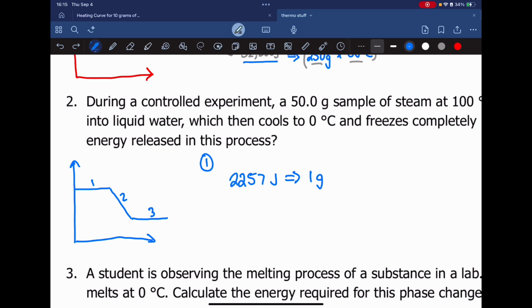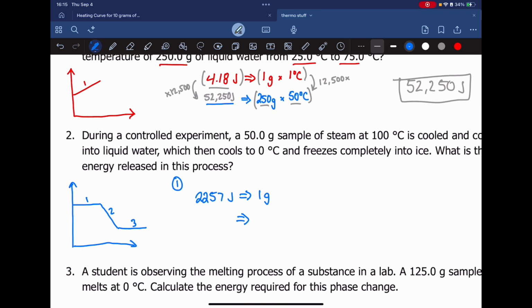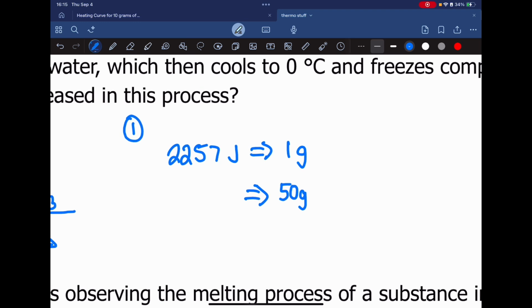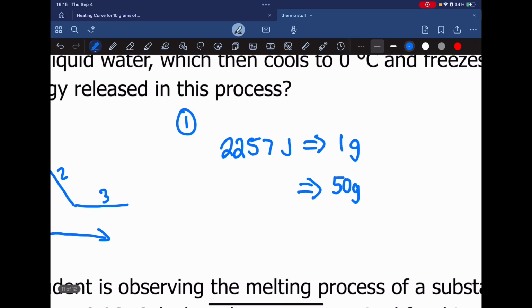2257 is for 1 gram. But of course, in my question, I don't have 1 gram of steam, but rather 50. So I can say 50 grams of steam. How much energy is released when you condense 50 grams of steam into water?